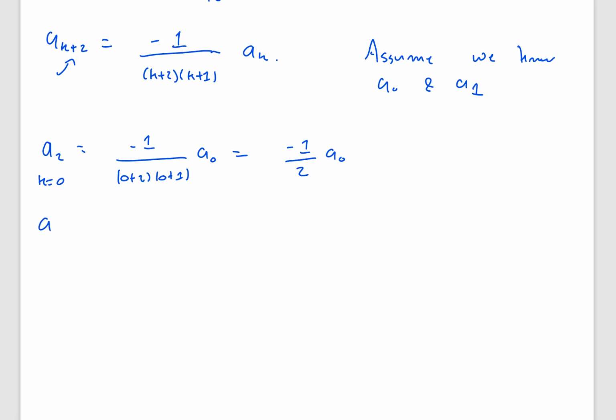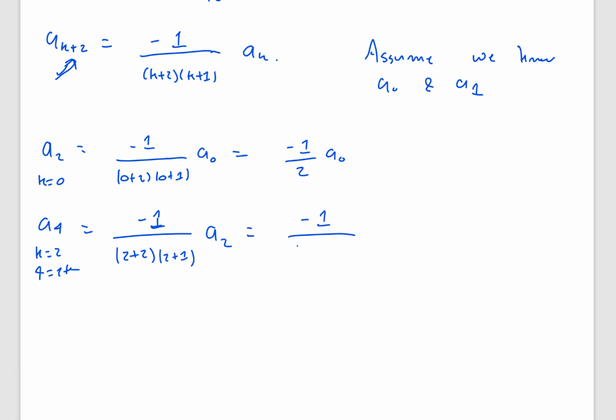If I want to compute a_4, that means k is equal to 2, because 4 is equal to 2 plus 2, and again I want to use this formula. a_4 is equal to -1 over (2+2)(2+1) times a_2. But what is a_2 equal to?